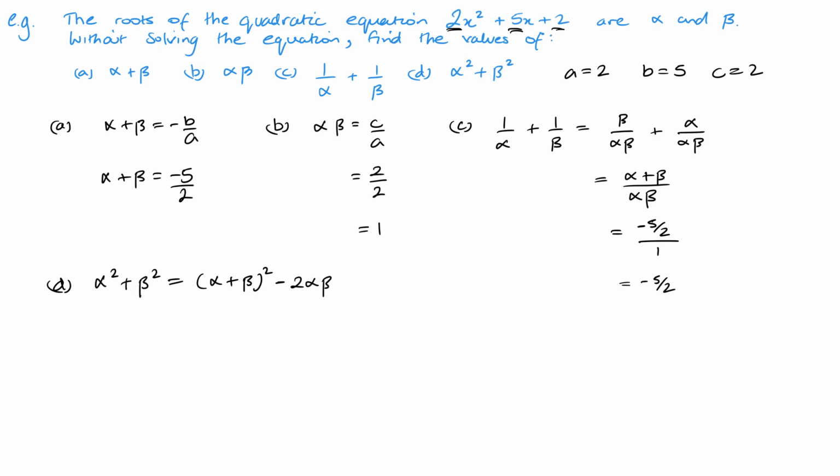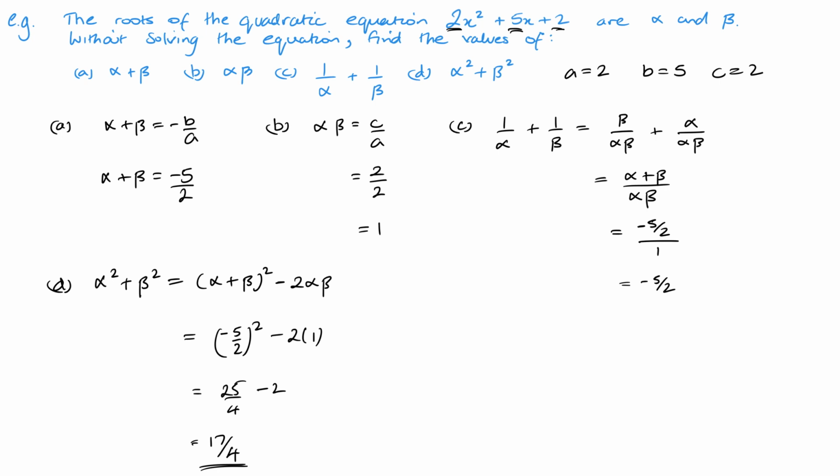Okay, but it's also in a form that I can answer, because alpha plus beta we already know is minus 5 over 2, and alpha times beta is 1. So now we've got 25 over 4 minus 2, and that is 17 over 4. Okay, so just a little bit of algebra manipulation there.